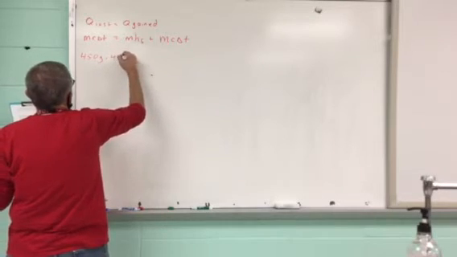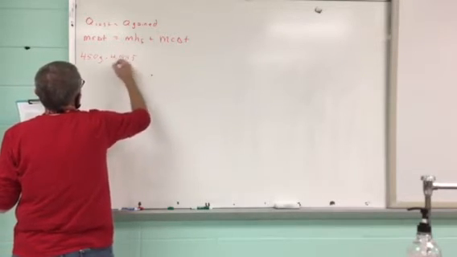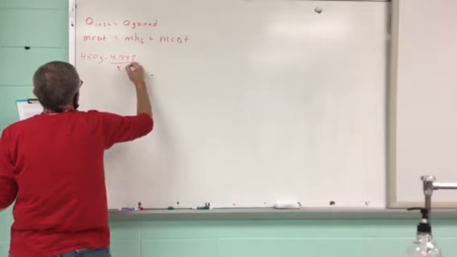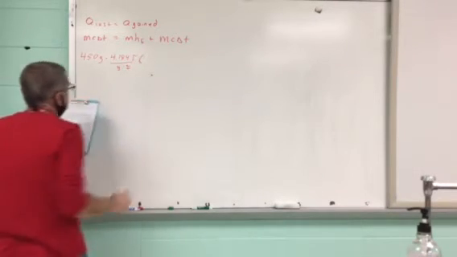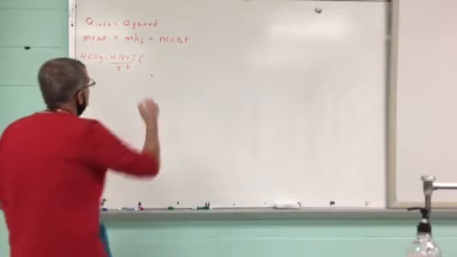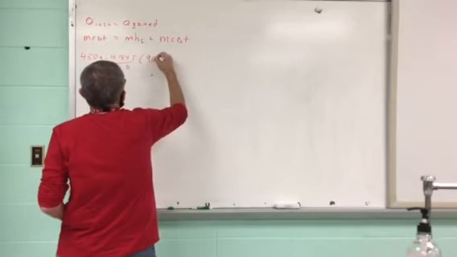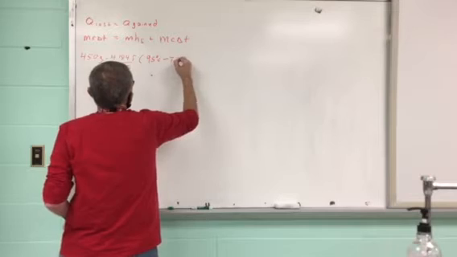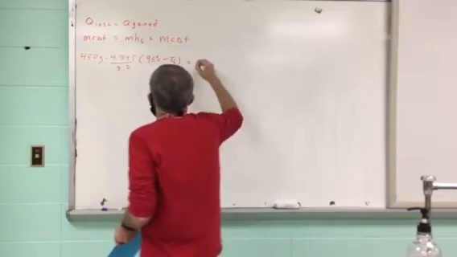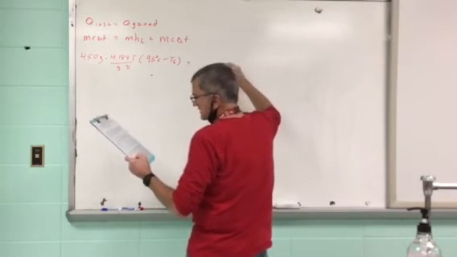This is 4.184 joules per gram degrees Celsius times temperature. It's 95 degrees, that's what we're starting at, minus the final temperature. That's what we don't know. The mass of the ice is 50 grams.